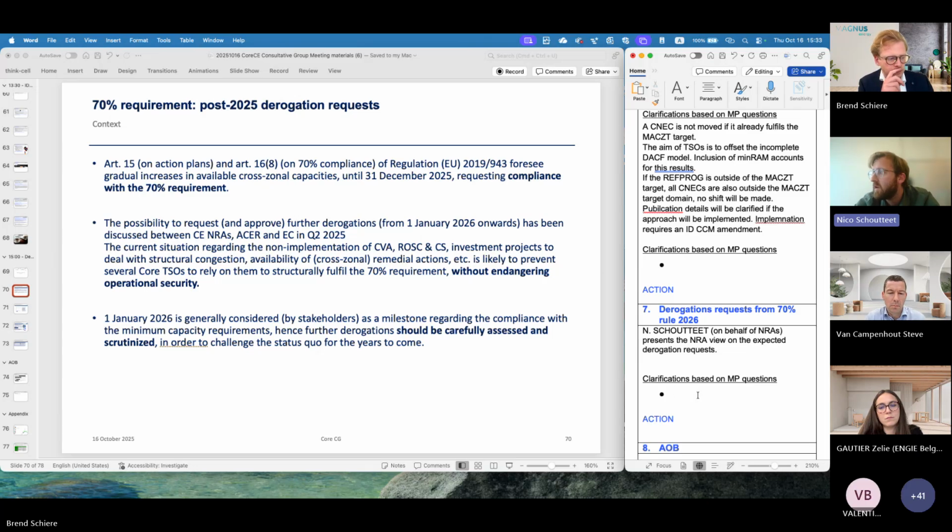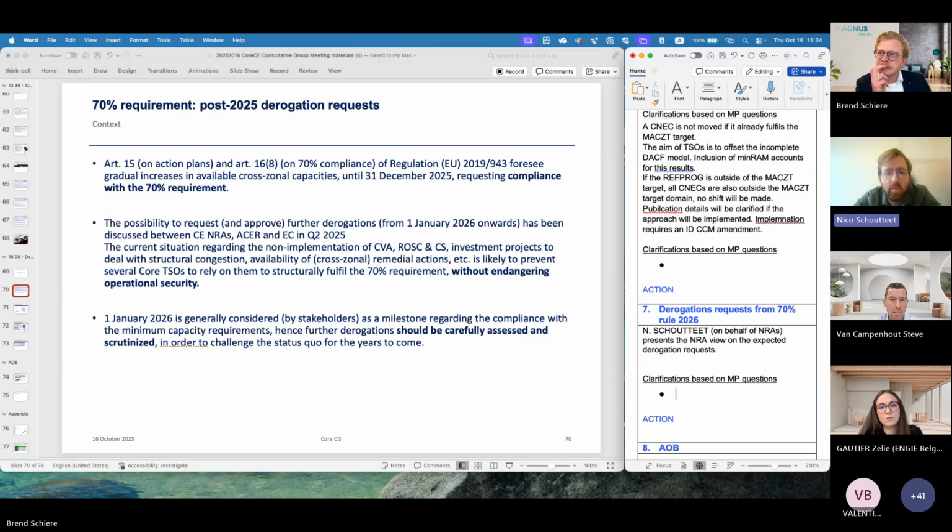We have also been engaging with the member states on how to adopt and to implement action plans. So basically, in a nutshell, the approach is that if you identify structural congestion which cannot be pinpointed to specific operational security concerns, you can apply for an action plan. This has happened in a number of member states over the last couple of years.